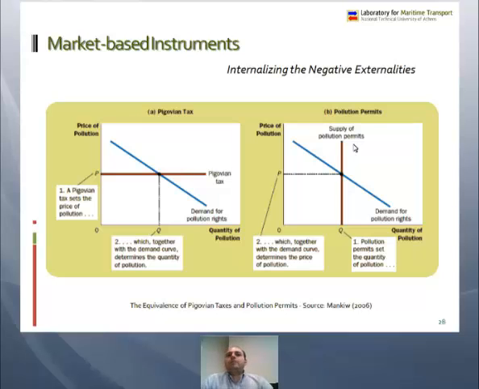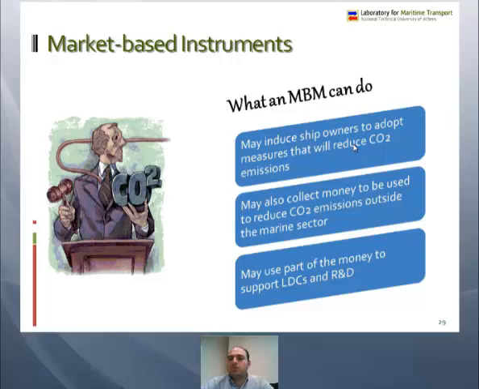Why do we want a market-based measure? Because we believe that it will induce ship owners to adopt measures that will reduce CO2 emissions. We will also collect money to be used to reduce the emissions outside the marine sector.